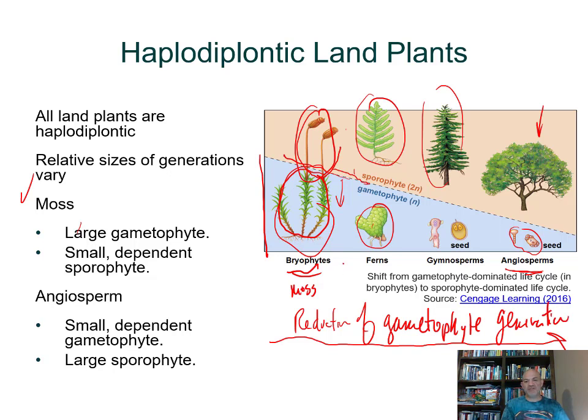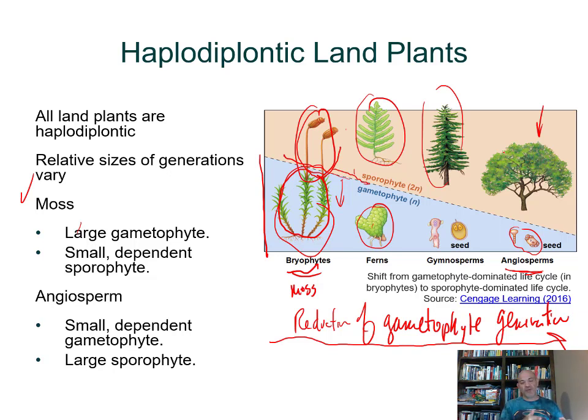The gametophyte generation starts off being dominant and then becomes just a few cells in size. But the life cycle, general life cycle, can still be connected to that. So that's the big idea there. And you'll see this when we look at the specific life cycles of mosses. You'll see how the gametophyte generation is dominant. Sporophyte totally depends on the gametophyte.